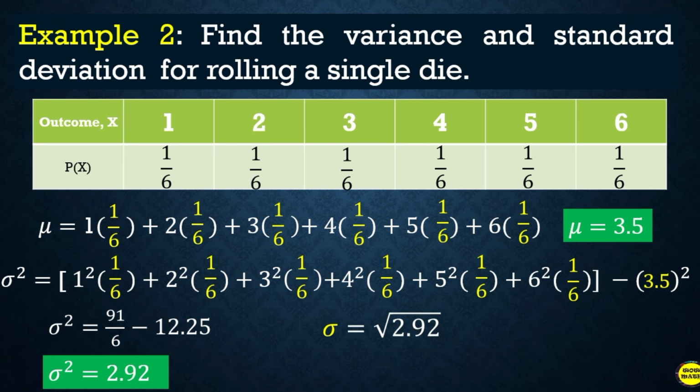And then, yung standard deviation, kukunin lang natin yung square root ng variance natin, that is square root of 2.92. So, the answer is 1.71. So, again, yung variance natin is 2.92 and yung standard deviation natin is 1.71.